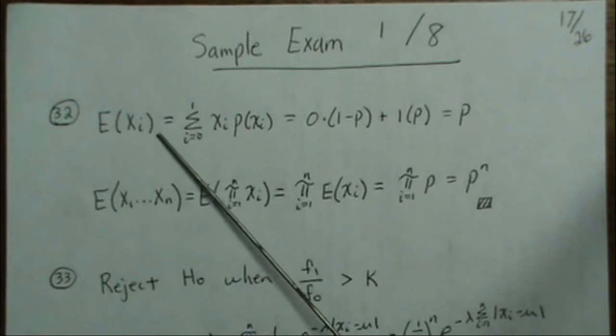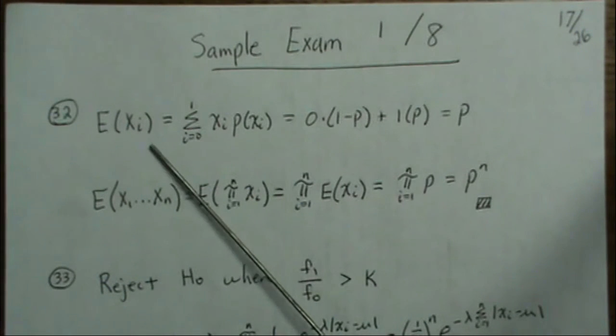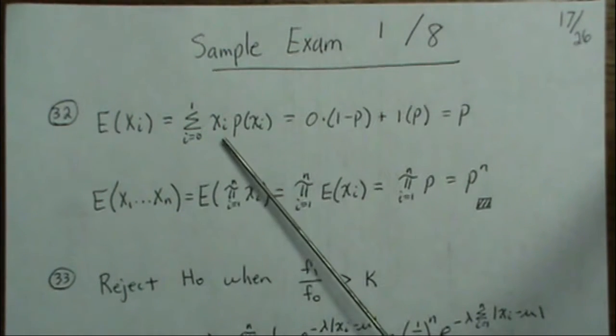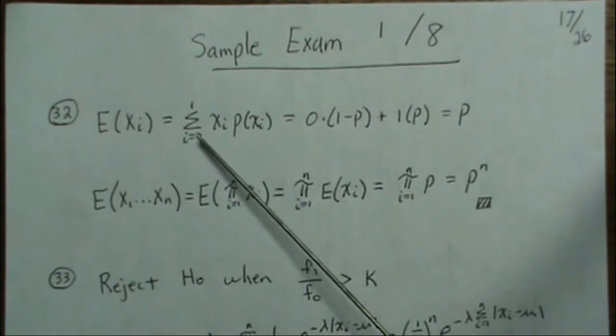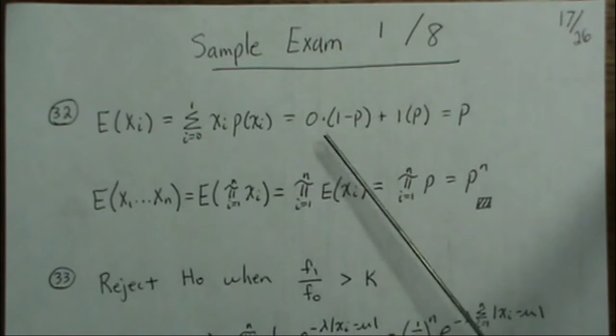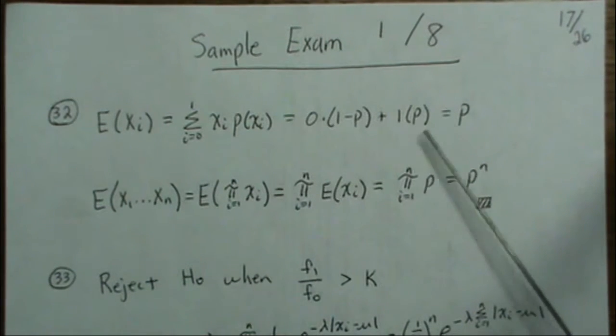So let's look at the individual expectations. So the expectation of one of the x's is, you sum over all possible values of x times the probability of that x, which is 0 times 1 minus p plus 1 times p, which is p.